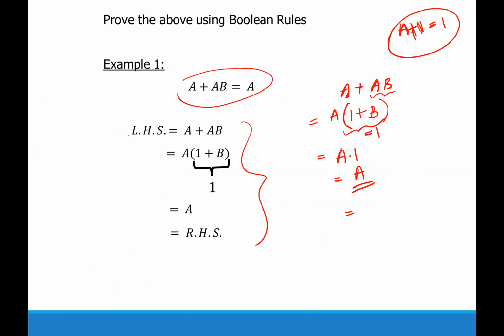We started from the left-hand side and we showed that the left-hand side is equal to the right-hand side. So here you can see the validity of our Boolean expression. Any doubts so far?